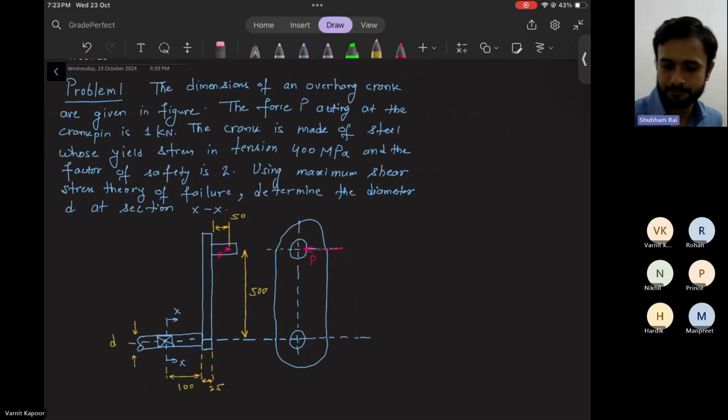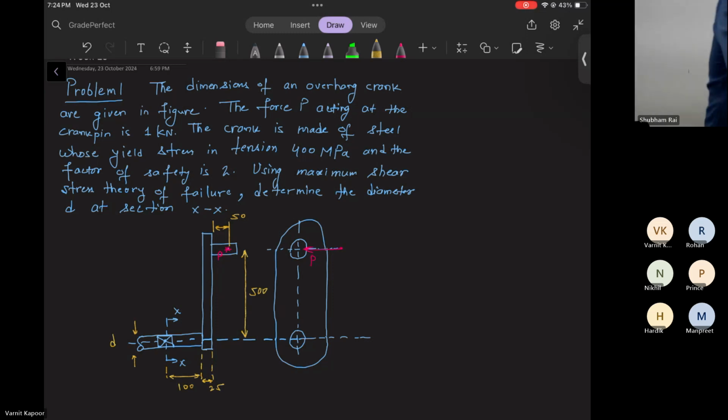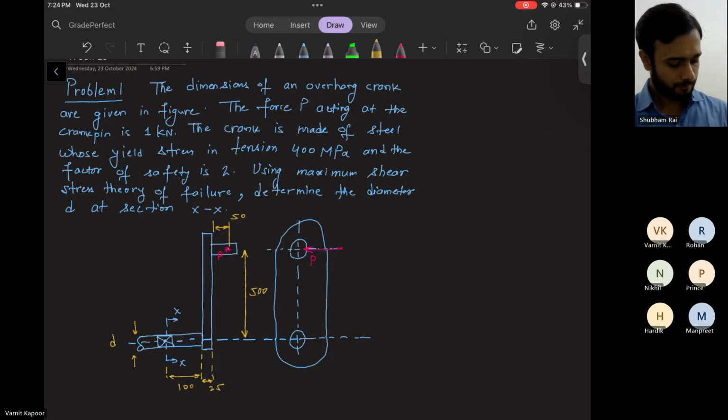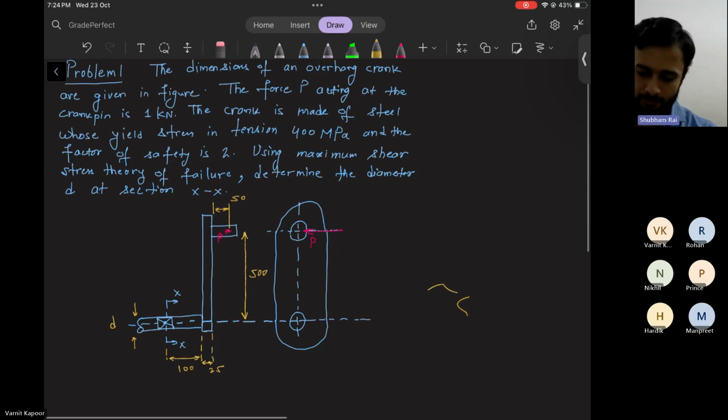Please try to solve this question. Oh, now it's working.